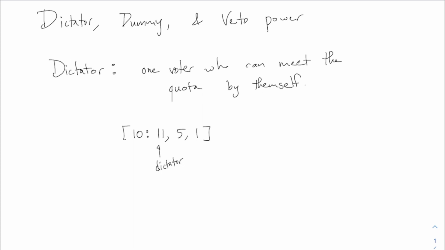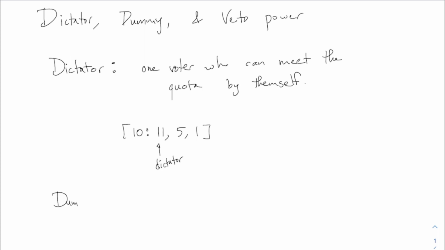Okay, what about a dummy? A dummy is kind of the opposite. A dictator has like all the power. A dummy has no power at all. So dummy means this is a voter whose vote can never matter.